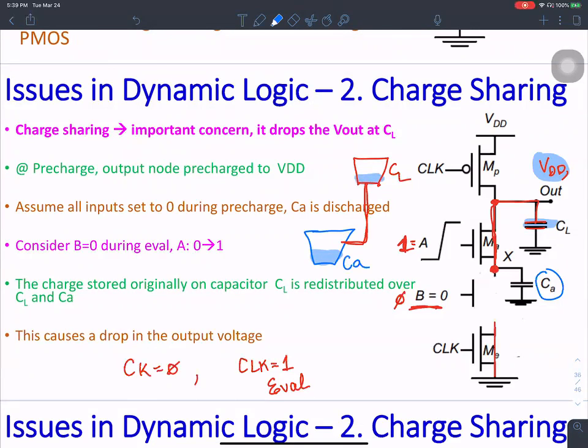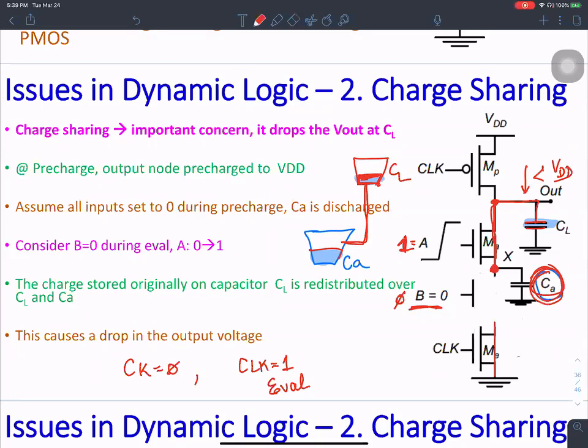So even though the output is supposed to be at VDD, some of the charge is shared with the capacitance here, and the output is going to be less than VDD, just like the water level has dropped by connecting it to an empty bucket. The output value falls below VDD.